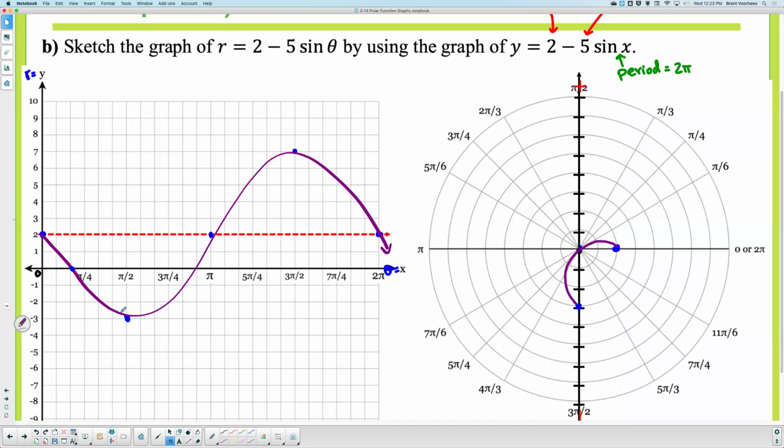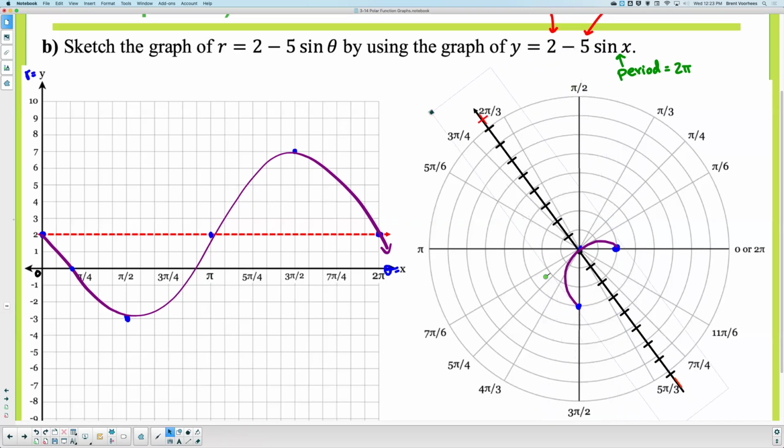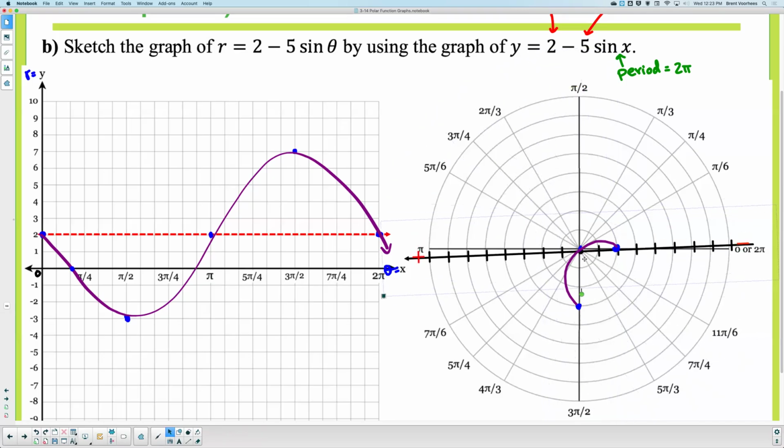Now, from pi over 2, we're going to increase to pi, and at pi, what's our value going to be? 2. So whenever I rotate all the way around to pi, whoops, that's not what I want to do. By the time I get all the way to pi, my value should be not at the pole, but at 2.